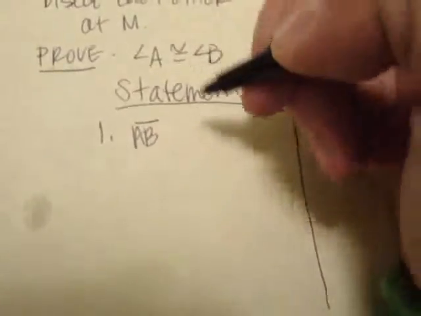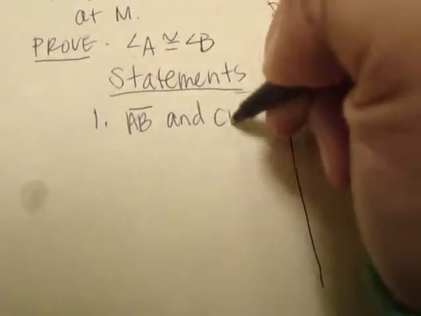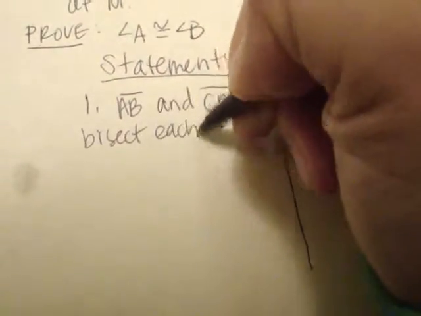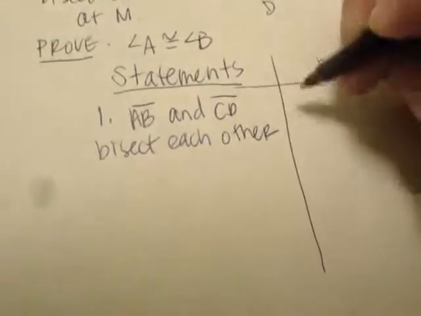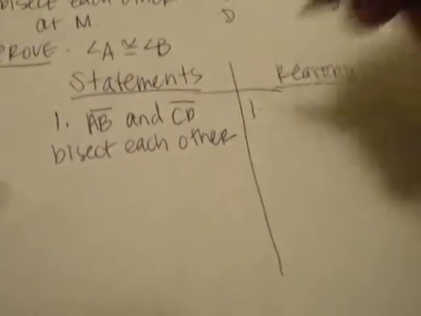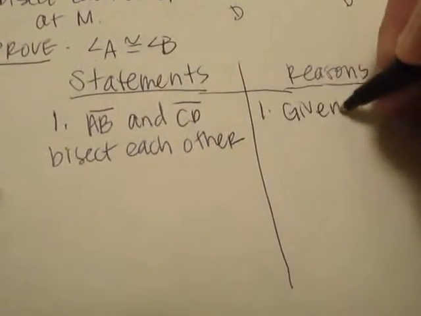So our first statement is always to do the given. We are given that AB and CD bisect each other. And the reason why we know this is because it's given.